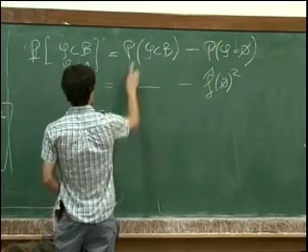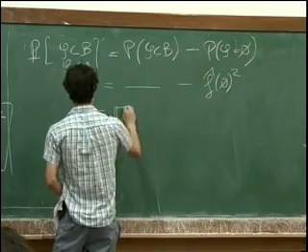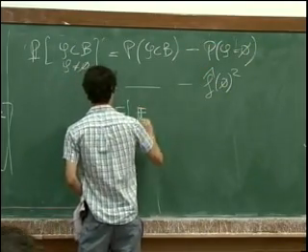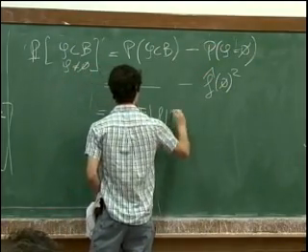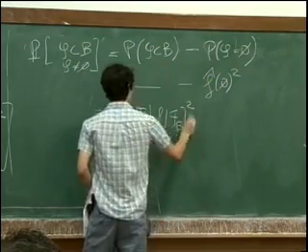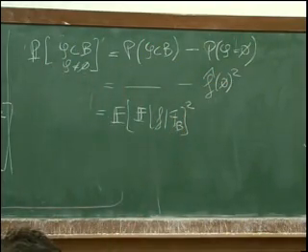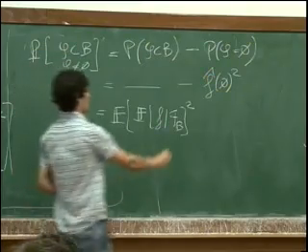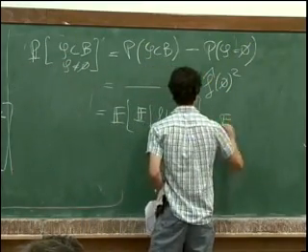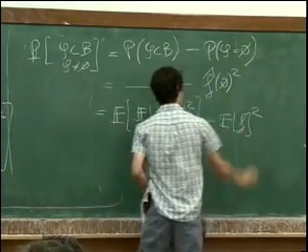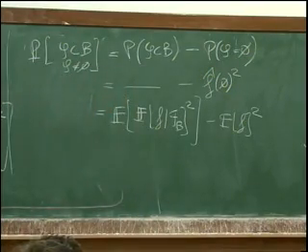So one can rewrite this term from here like that: the L2 norm of the conditional expectation knowing things in the ball B, minus the square of the mean.